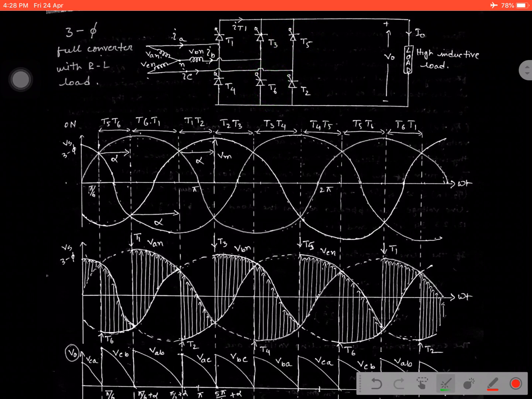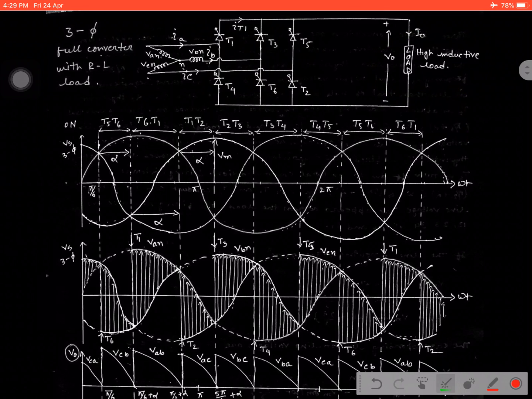That is why the input should be a three-phase AC signal. That is why we have given a three-phase supply over here, and a highly inductive load is given to the output terminal. As it is an inductive load, it will cover the two-quadrant operation, first quadrant and fourth quadrant.